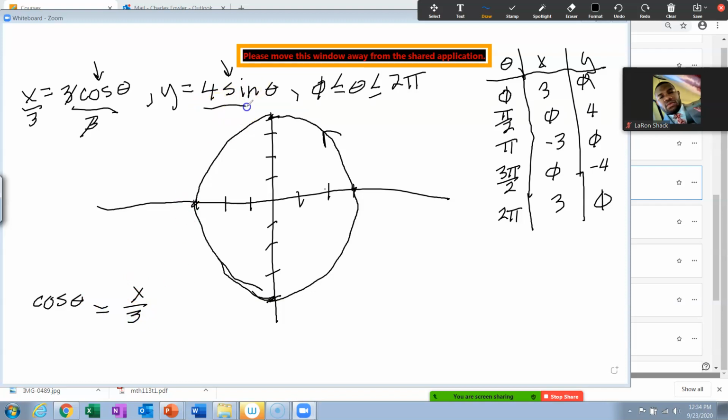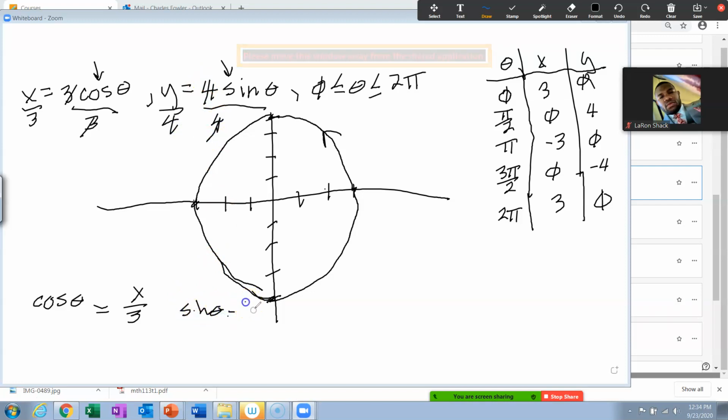Same thing up here. Let's solve for sine theta, dividing both sides by 4. And we get that sine theta is equal to y over 4. The pen's not writing well. It'll skip where it wants to skip and then suddenly start writing where I don't want it to. So it's kind of weird.